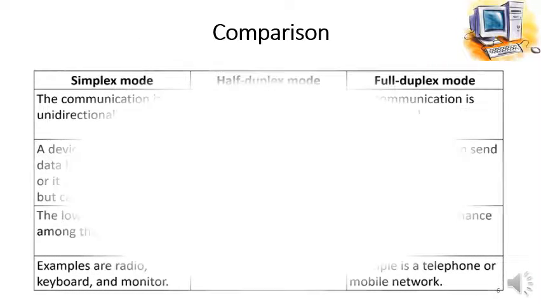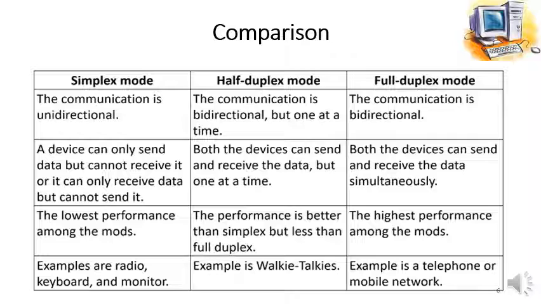Now here there is a comparison chart between these three modes of transmission. In simplex we can see the communication is unidirectional. In half duplex, the communication is bidirectional, but only in one direction at a time. In full duplex, the communication is bidirectional all the time, that is simultaneous communication. Then second point, in simplex mode, a device can only send data but cannot receive it, or it can only receive data but cannot send it.